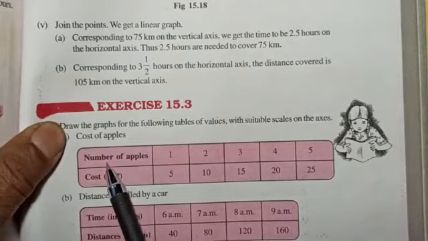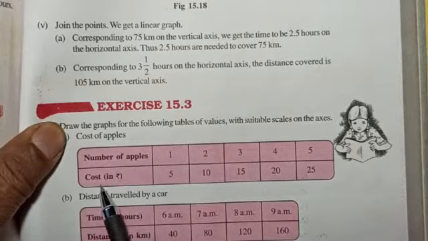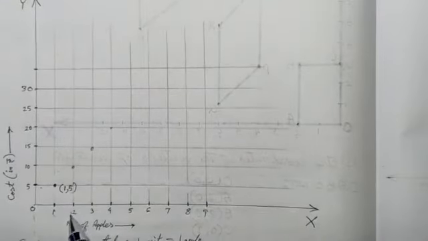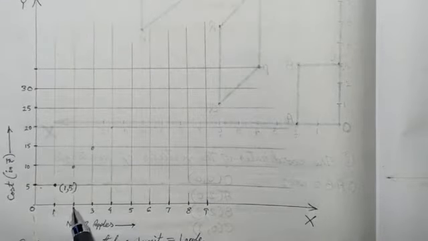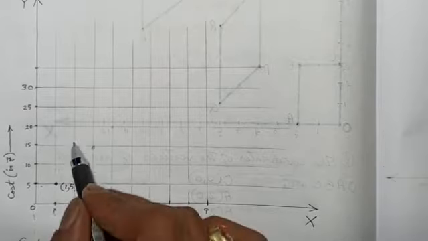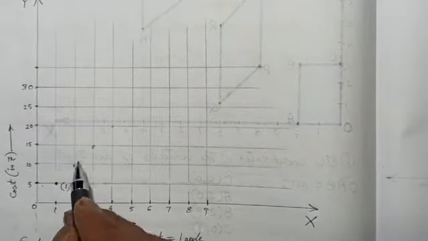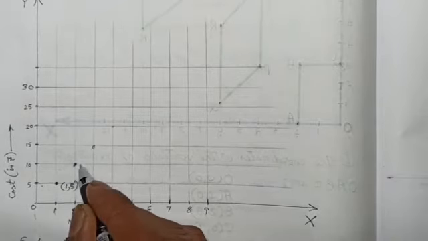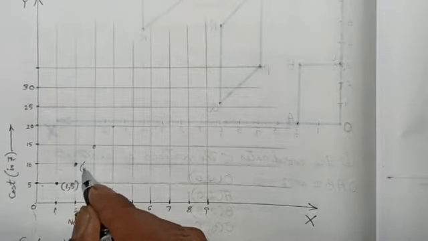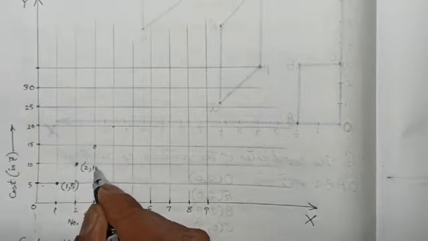So the coordinate of this point is 1, 5. Next is number of apples 2 and cost 10. So for number of apples 2, we draw a perpendicular line here, and for cost rupees 10 we draw another perpendicular line, and this is the point. The coordinate of this point is 2, 10.